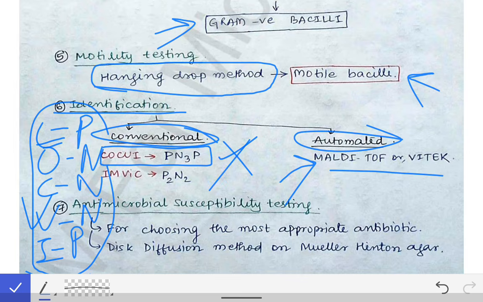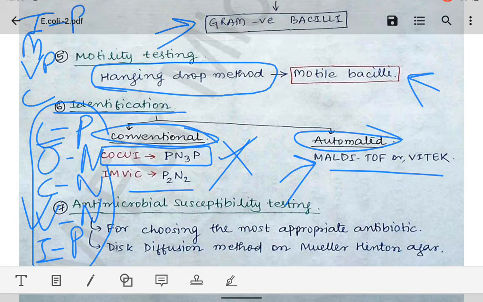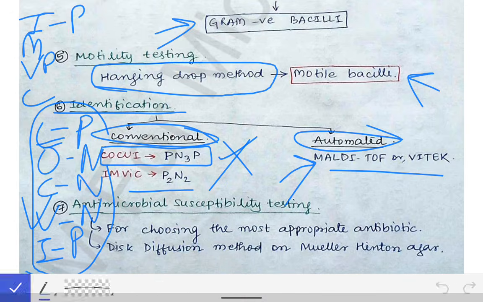Then what is the IMViC test? The IMViC test is indole test, methyl red, VP test, and citrate test. So it is P2N2. I, the indole test, is positive, methyl red is also positive, then VP test is negative and citrate test is negative.